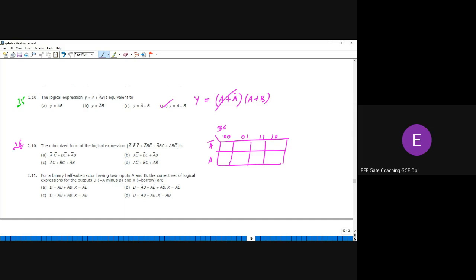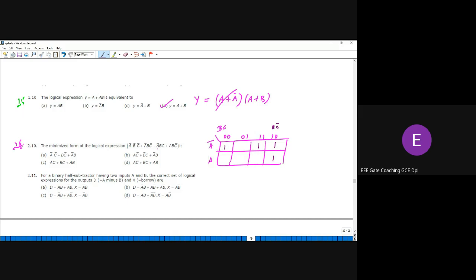So this is A bar, B bar, C bar. So this is 1. And A bar, B, C bar. Next, A bar, B, C. Then A, B, C bar.